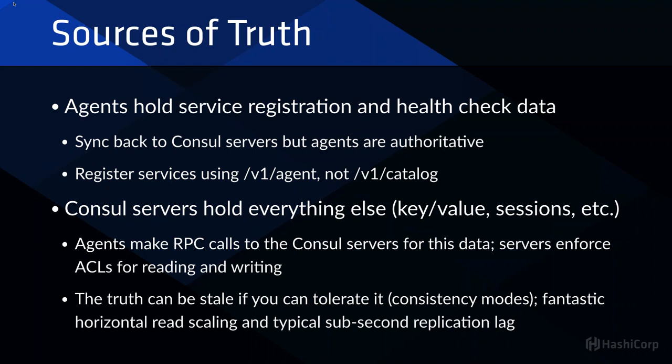If you require consistency, then even though your clients are potentially talking to all the servers, the servers are going to be internally forwarding everything to the leader at all times. So it's an important thing for scaling. If you want to get read scaling across your servers, relax your consistency modes. And that's available for DNS queries, and it's also available in many of the HTTP APIs.